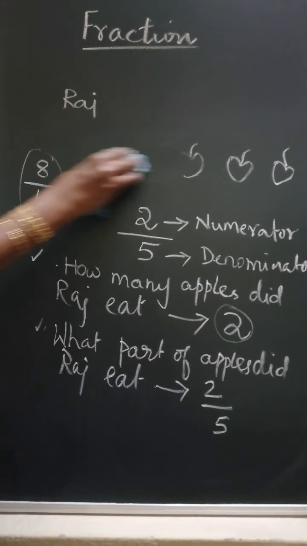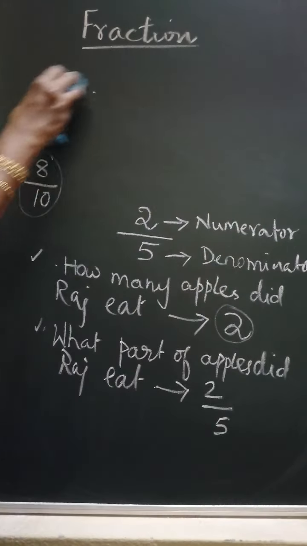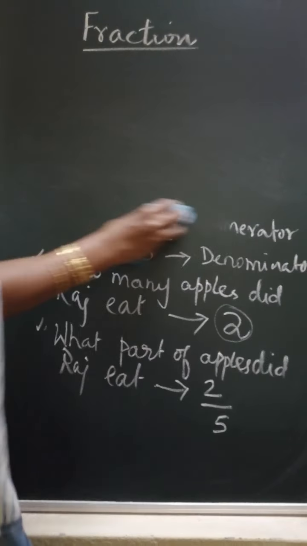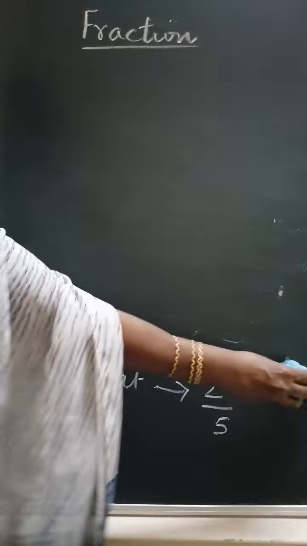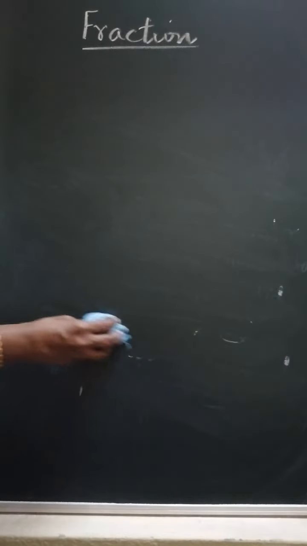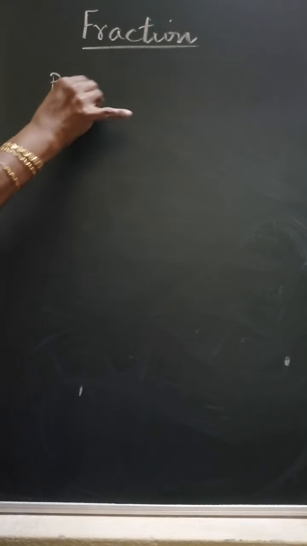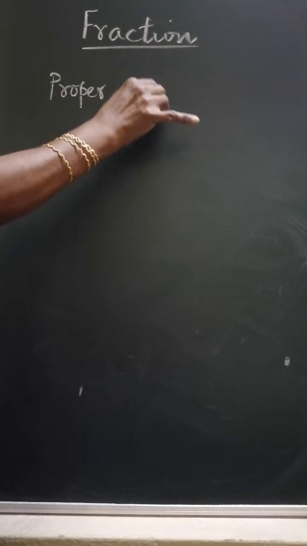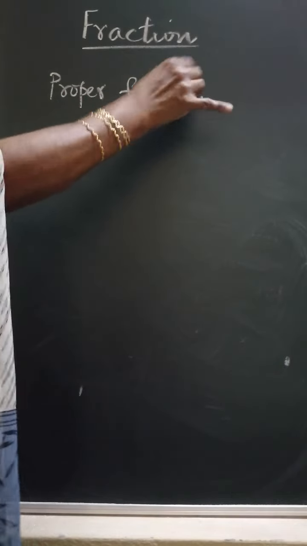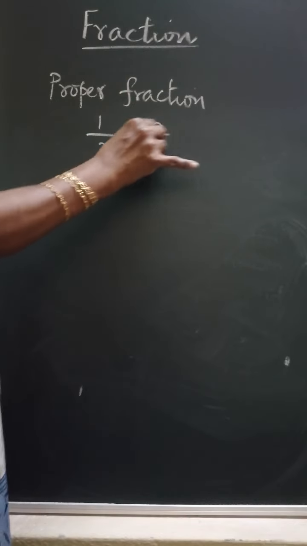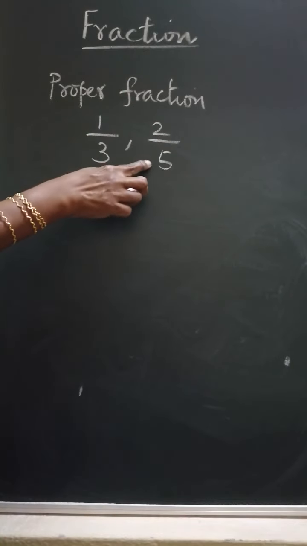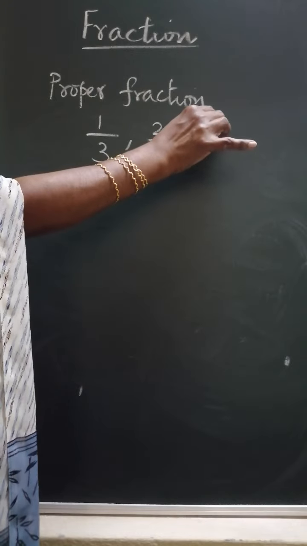Now we come to the types of fractions. There are mainly 3 types of fractions: proper fraction, improper fraction and mixed fraction. Proper means the numerator is less than the denominator.